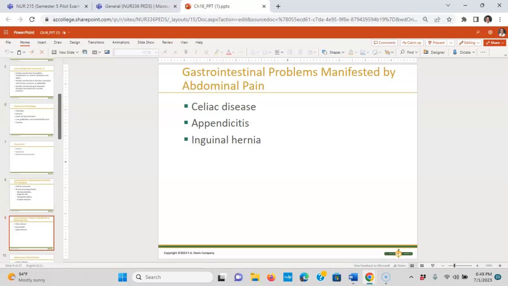Addison's is not going to get better with a diet change. Immune system, liver failure is not going to get better with a diet change. Diabetic is not going to get better with a diet change. It might decrease their need for insulin, but it's not going to cure it. Rheumatoid arthritis is not going to get better, and autoimmune thyroid disease is not going to get better at that point.